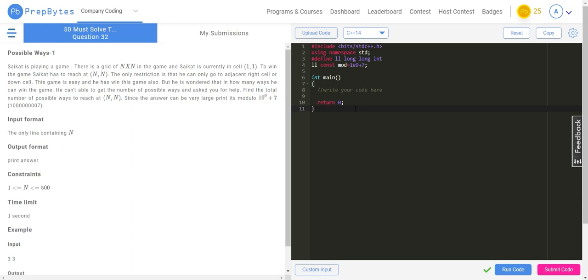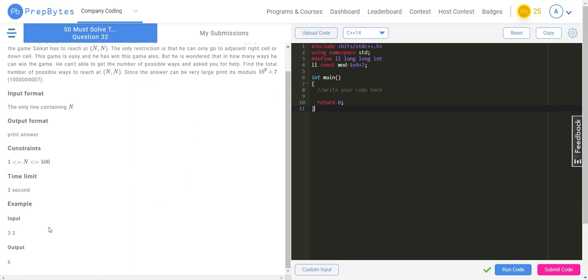So we have a player called Scikit who's trying to play a game which involves a grid of n into n. Currently he's at the cell 1 of 1 and he's asking us in how many ways he can reach the destination cell, that is n of n.